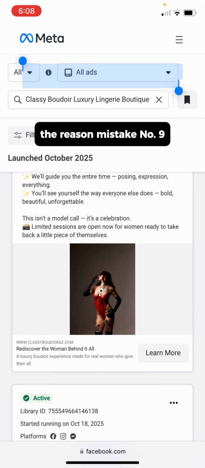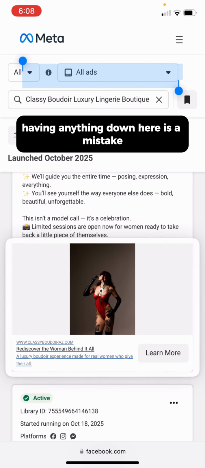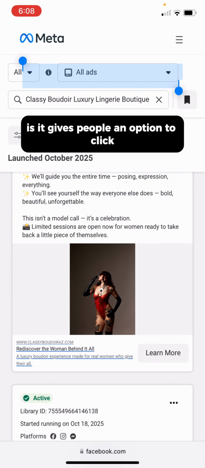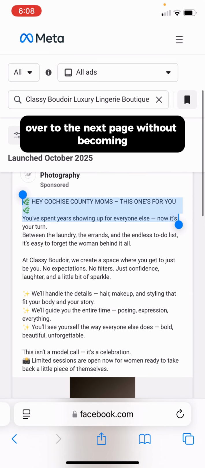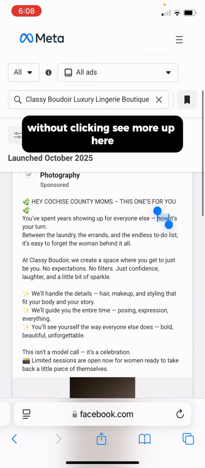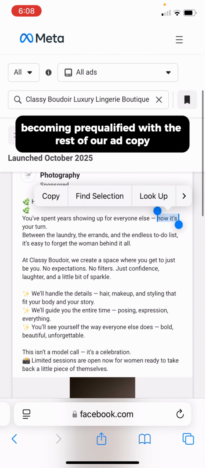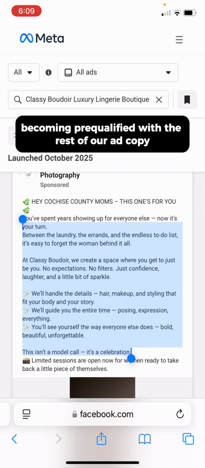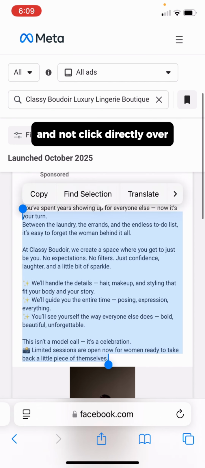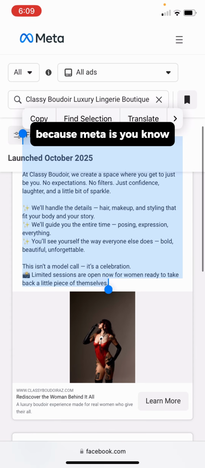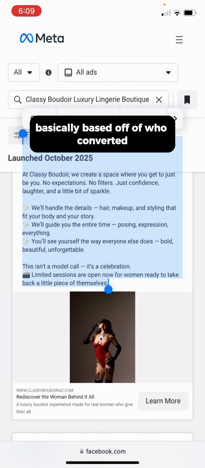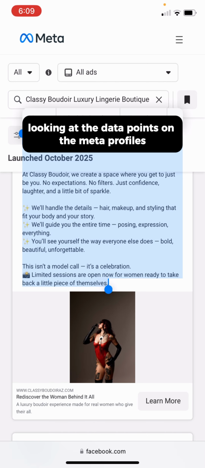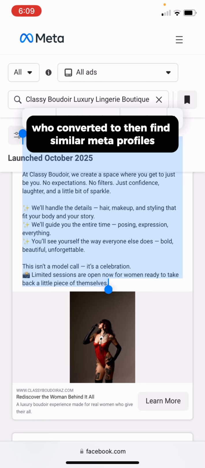And 80% of the reason mistake number 9, having anything down here, is a mistake, is it gives people an option to click over to the next page without clicking see more up here, becoming pre-qualified with the rest of our ad copy. We need people to come through this and not click directly over, because Meta is waiting for who to send the ad to next, basically based off of who converted, looking at the data points on the Meta profiles of who converted, to then find similar Meta profiles.